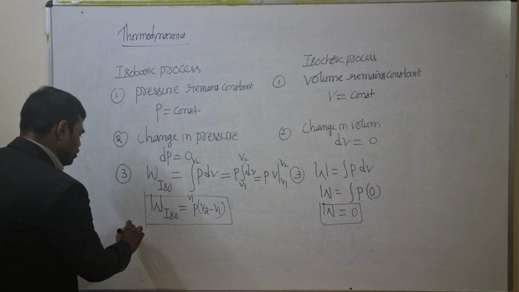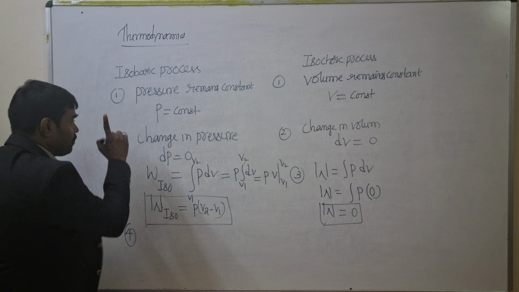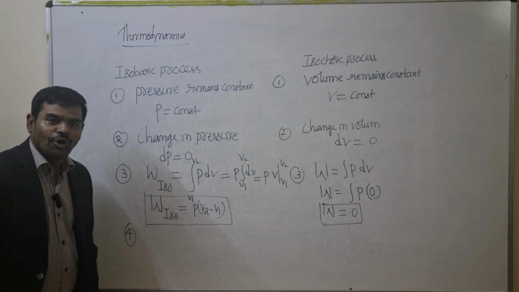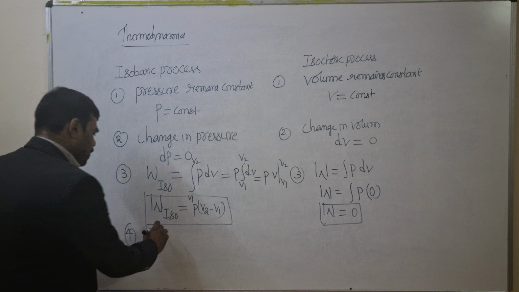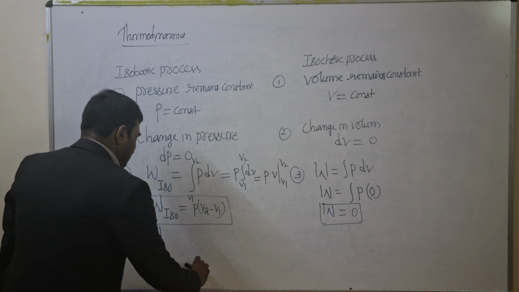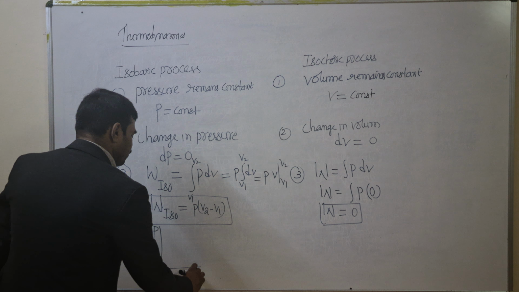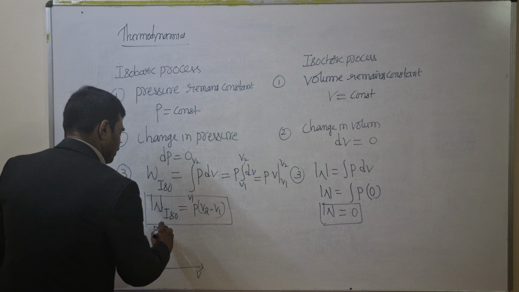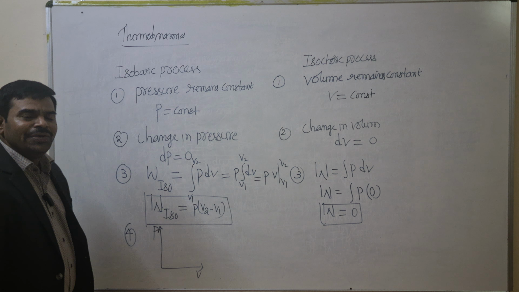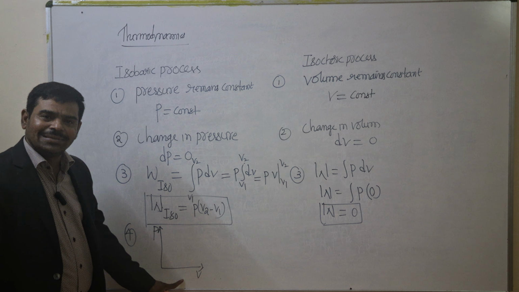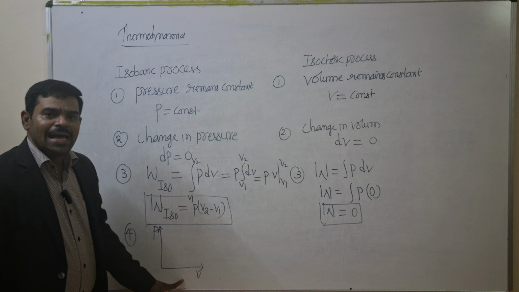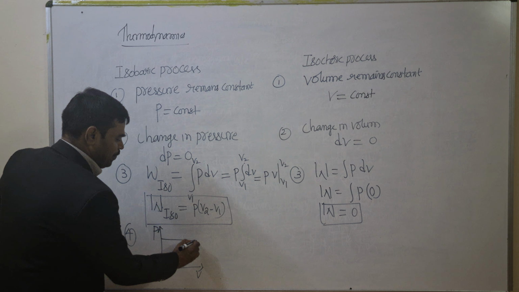Now coming to the fourth point, in case of isobaric process, the PV graph, pressure and volume graph, is a straight line which is parallel to the volume axis, or we can simply say the x-axis.